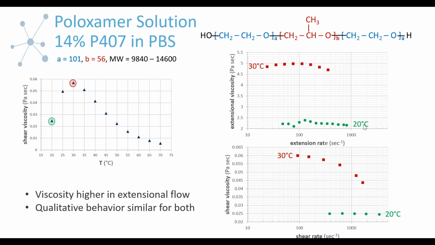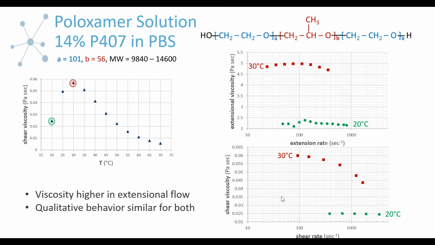The 20 degrees C viscosity measurements tend to be independent of the rate for both types of deformation. And although we couldn't get to quite the same extensional rate as shear rate for the 30 degrees C experiment, it does look as though thinning is starting to occur in both experiments.